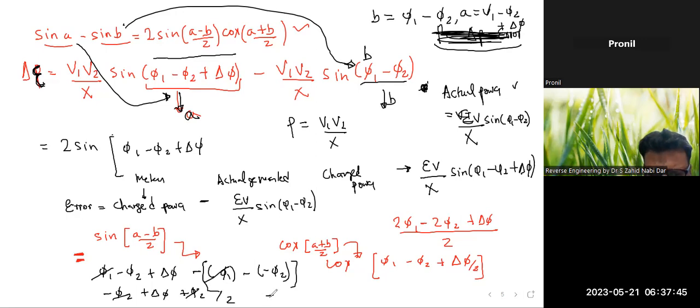So you are left with delta phi by 2. The entire equation gets reduced to 2 v1 v2 by x cos of phi 1 minus phi 2 plus delta phi by 2 into sine of delta phi by 2.